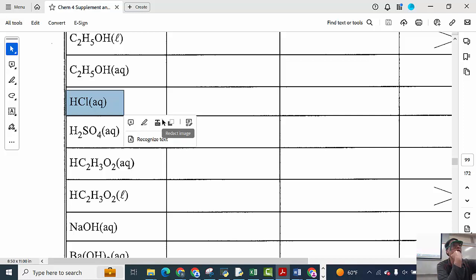What do you expect? Strong or weak? Strong. Strong current, strong electrolyte. This is a bright bulb.